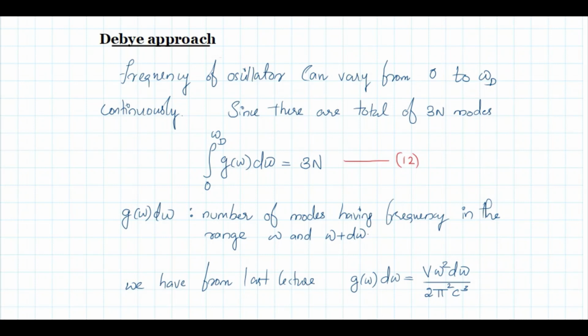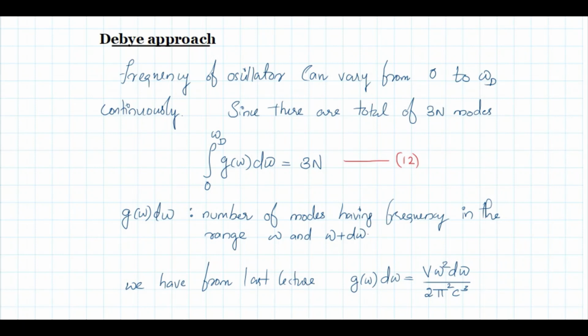The modification was that the frequency of the oscillator is not constant for all the oscillators, but it can vary continuously from 0 to a maximum value omega D. The frequencies of oscillators can take any value between 0 and omega D. But since there are only 3N modes in total, when you integrate the number of modes, you should get 3N.